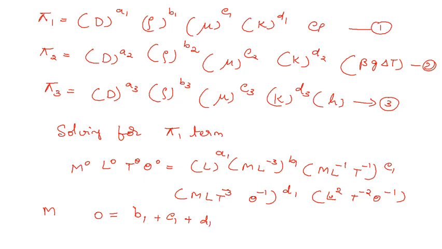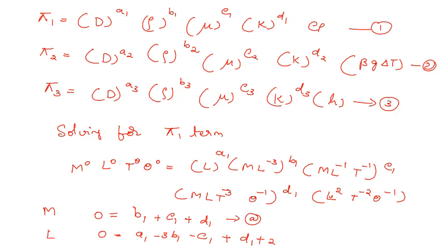Similarly, for L, on the left hand side 0, and I can name this as equation A, for the first 5 terms. So here L is equal to 0, and on the other side I have a1 minus 3b1 minus c1 plus d1 plus 2.